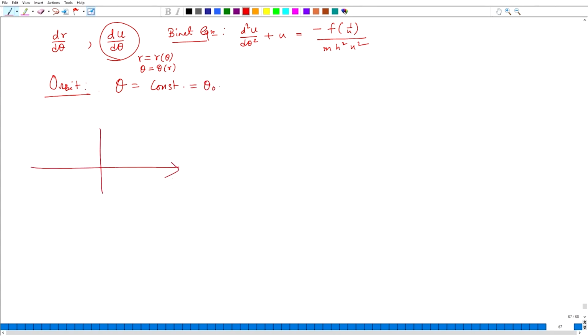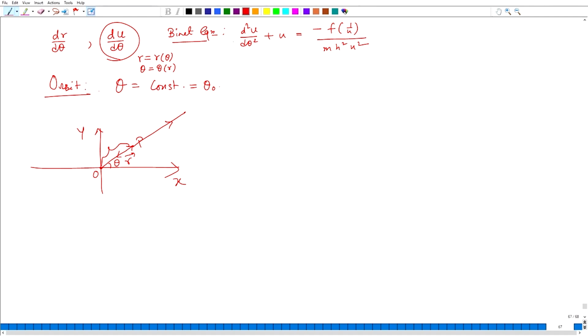If I write x and y in a 2D plane, and this is the point P where the particle exists at some instant t, and this is the origin, then this is the position vector r, and this is theta. Theta constant means the particle is moving in this direction or in this direction. Of course, this is a central force, but this is a straight linear motion.